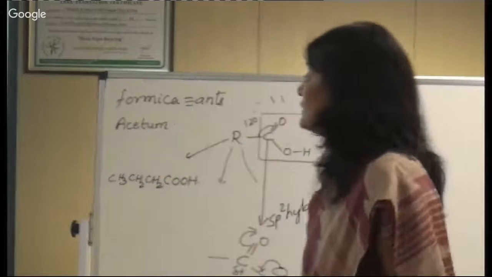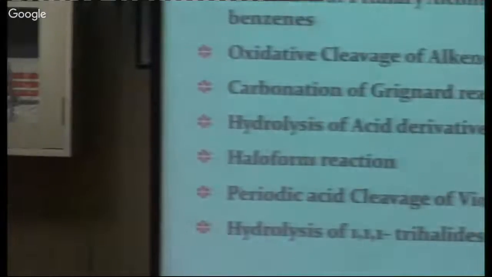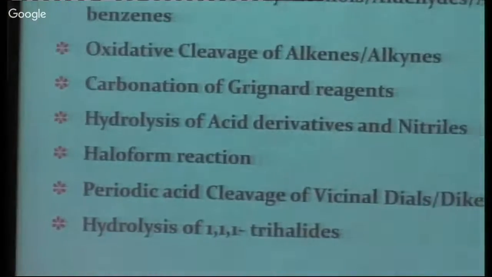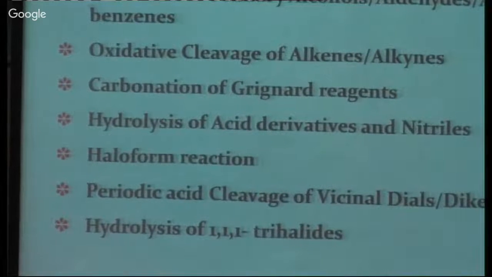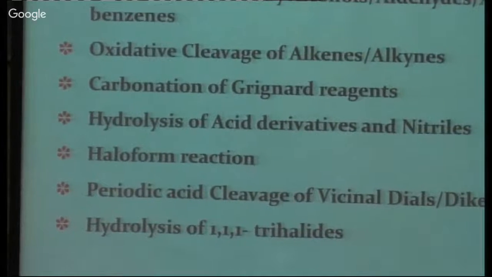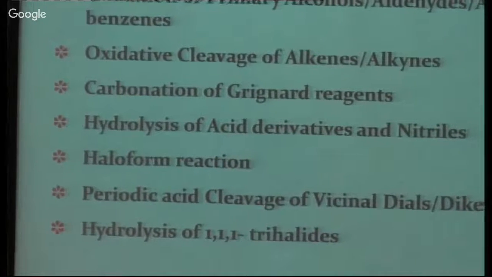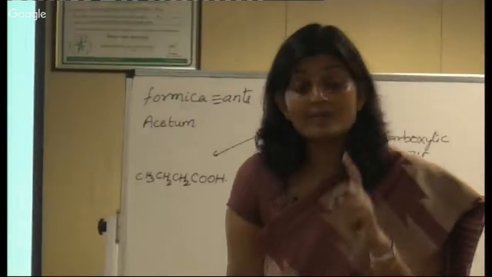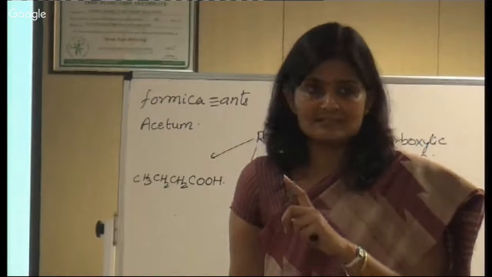Okay. The next reaction would be the hydrolysis of 1,1,1-trihalides. You will see that those hydrocarbons where you have 3 halogen atoms attached to the same carbon will be hydrolyzed to carboxylic acids. Okay.